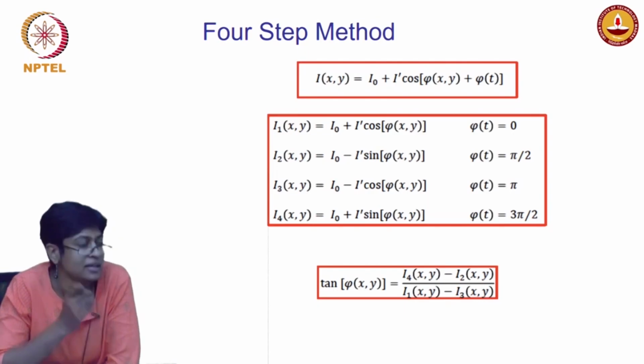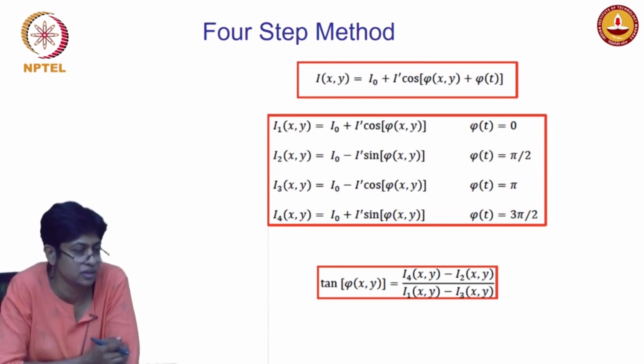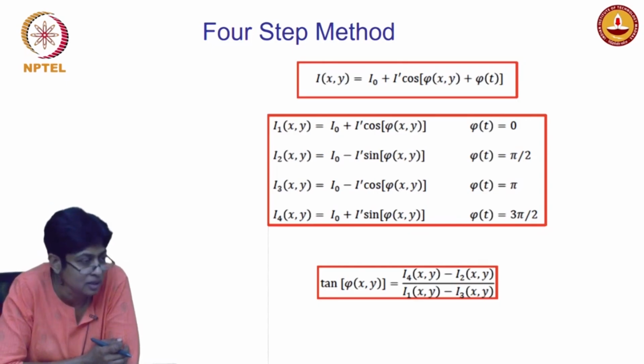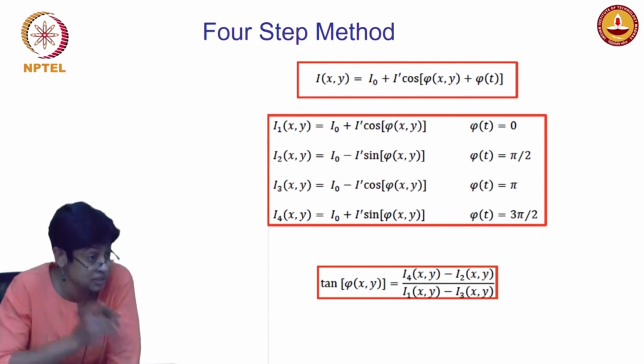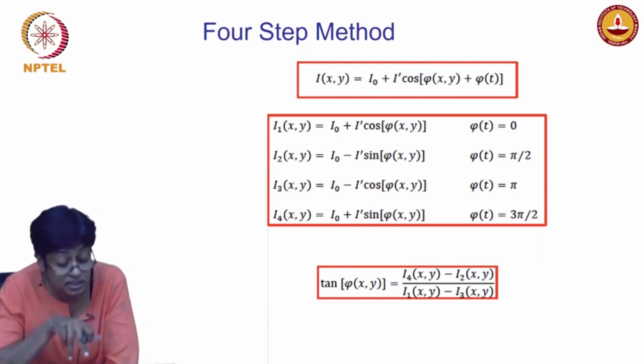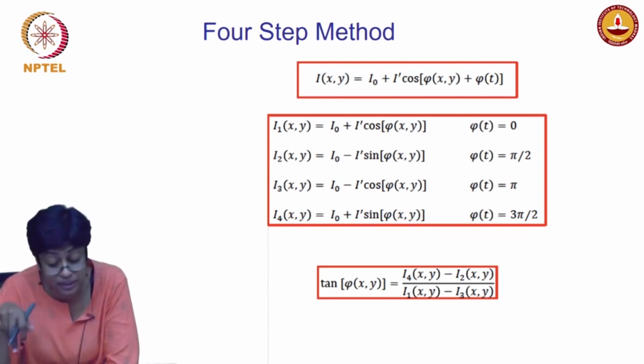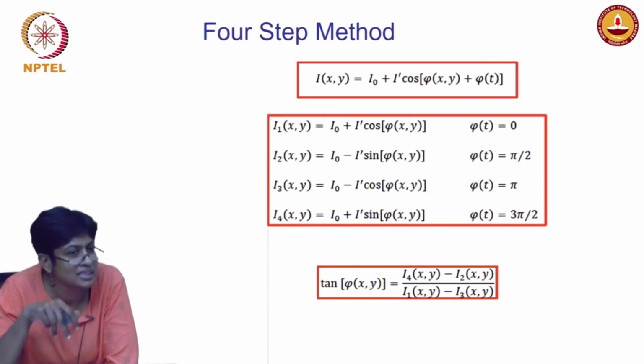A single intensity pattern, a single intensity of an interference, doesn't give me phase. In order to extract phase, I need to make at least 3 measurements mathematically. But you see, if you make 4 measurements and you pick this as your phase shift, you arrive at a very simple method by which to get the phase.